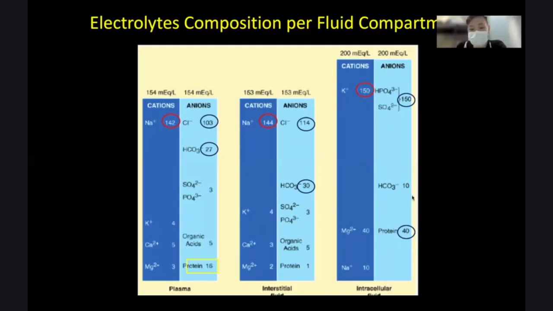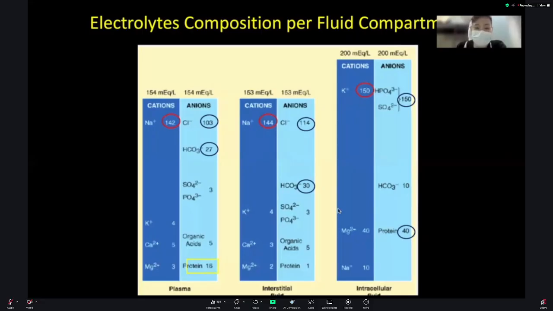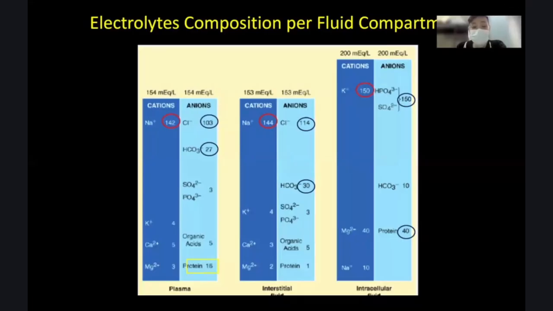On the other hand, the major cation in your intracellular fluid compartment would be potassium, and the major anions would be phosphate, sulfate, and protein. Later on, we'll be discussing the importance of these cations and anions and how they are balanced in our system.